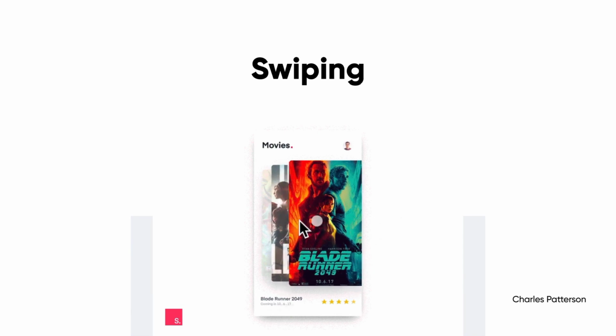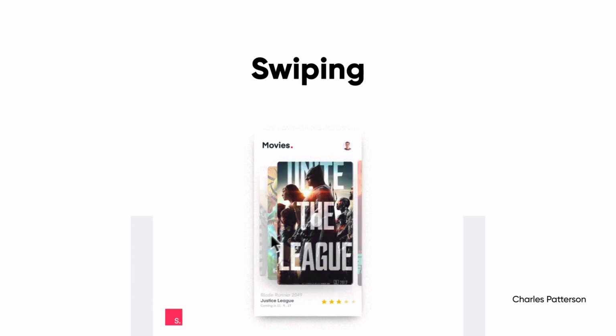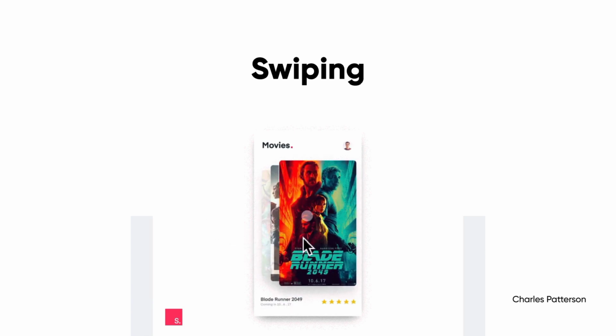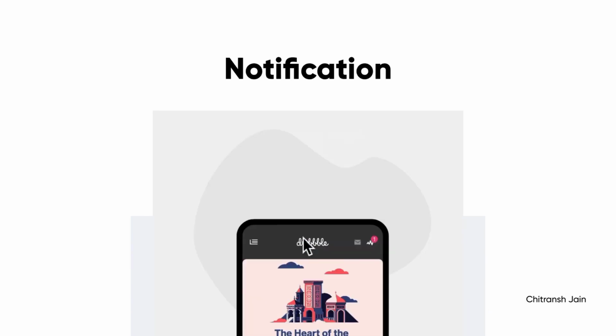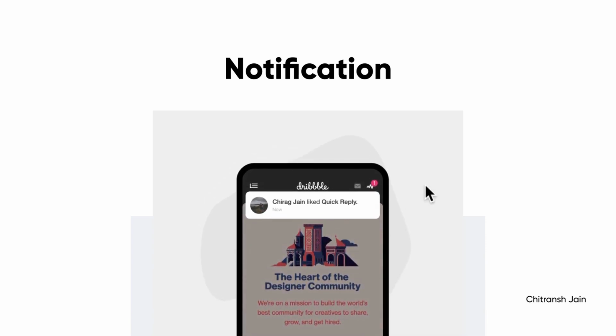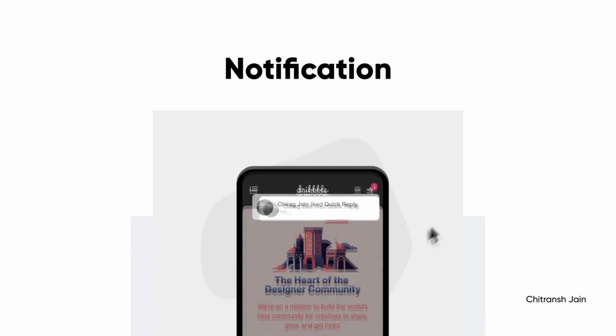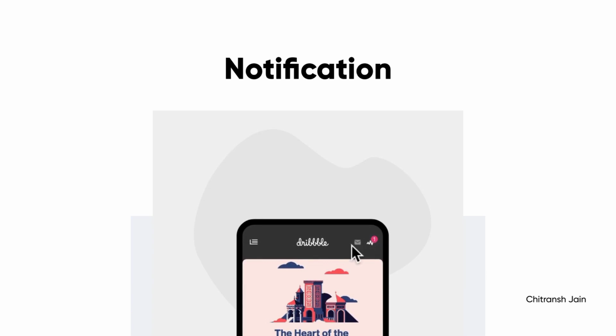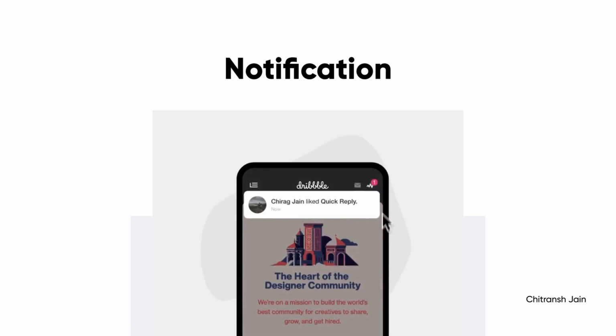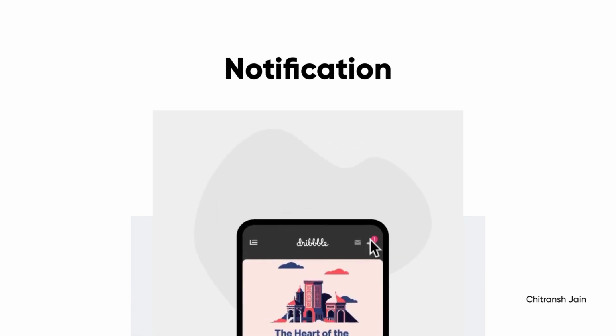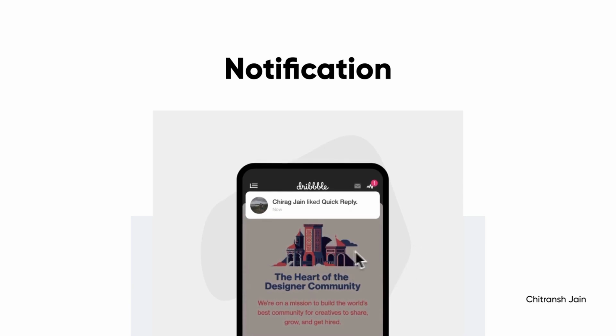Users trigger this, they get feedback, and that user has swiped an element. What about notifications? Those are also micro-interactions. So a system triggers a notification, it pops up. I mean, it doesn't necessarily need to do this, but if it pops up here, that is a micro-interaction. And it provides the user with feedback of a new notification.